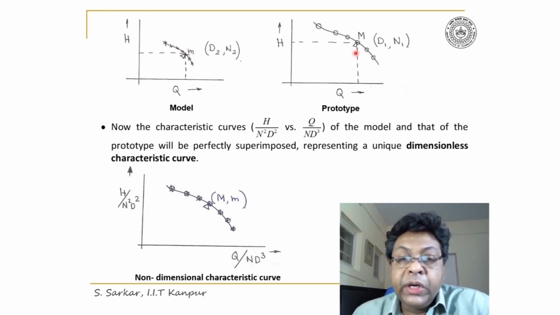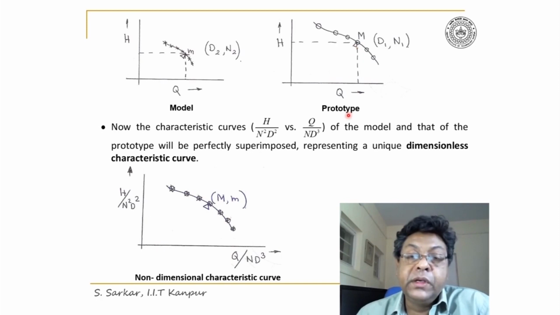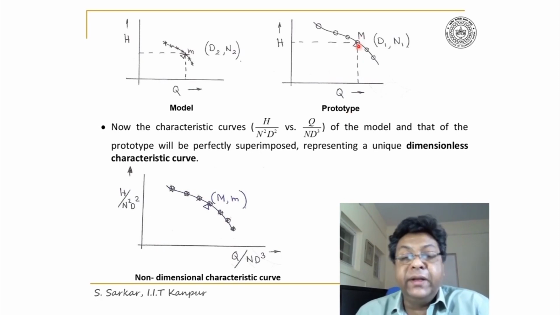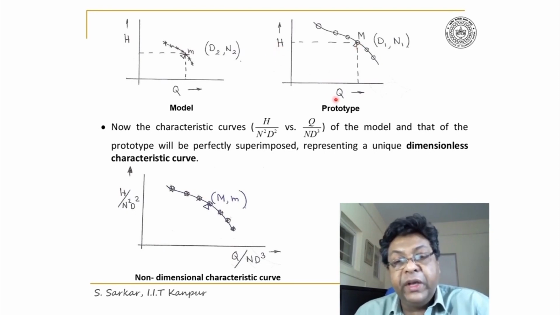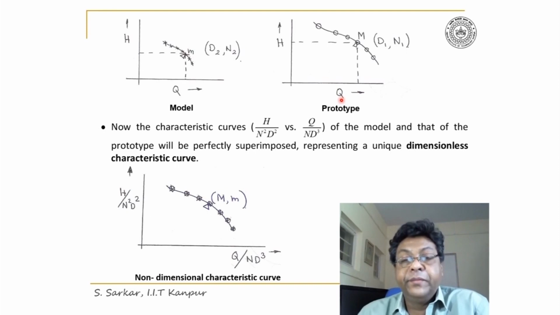And look, I have marked a point on the prototype by capital M for which the machine is designed for this combination of H and Q. The machine is designed. That means at this point M, it will give maximum possible efficiency.